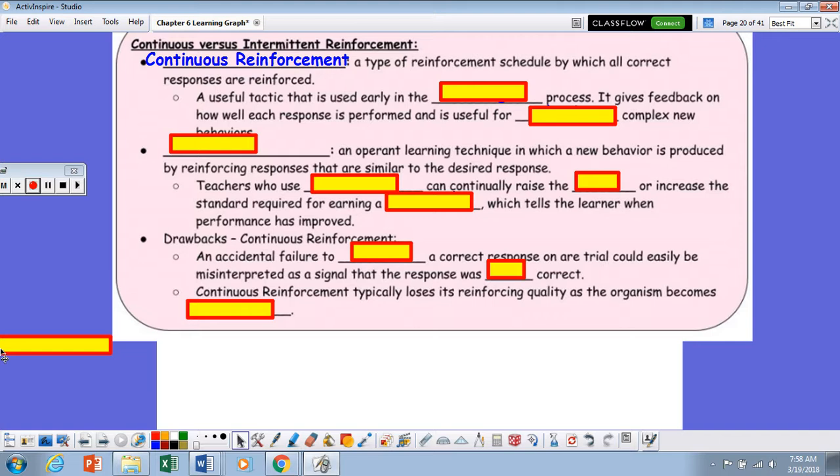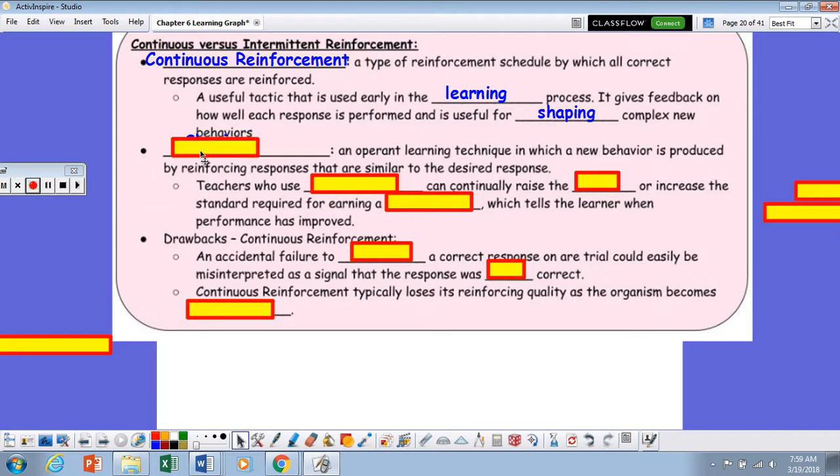Every time that an individual does the correct behavior, that individual gets some type of reinforcer, and for a child, maybe that's a little candy treat or something like that. It's a useful tactic that is used early in the learning process. It gives feedback on how well each response is performed, and it is useful for shaping complex new behaviors.